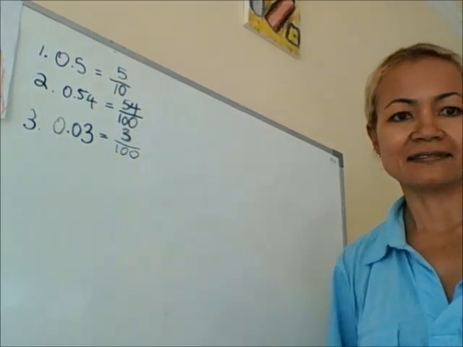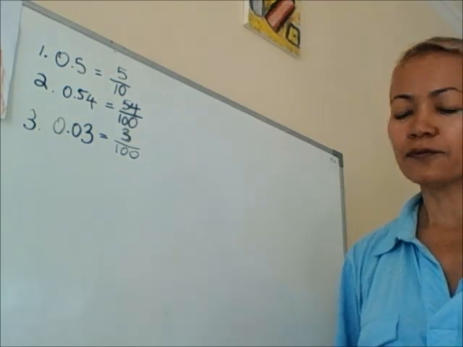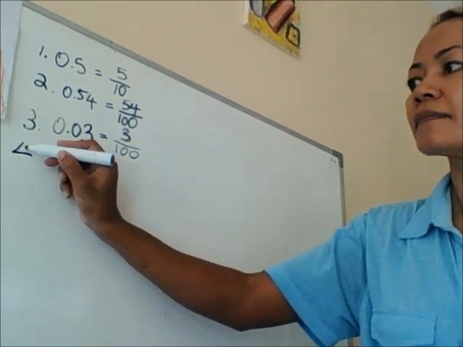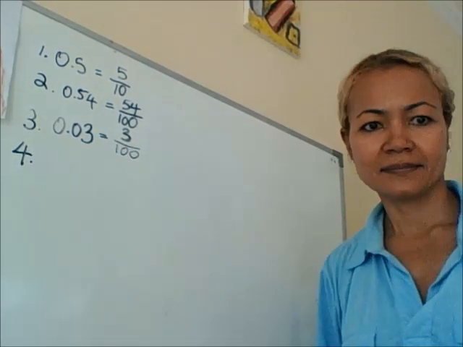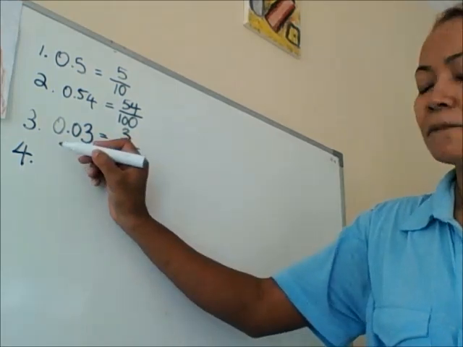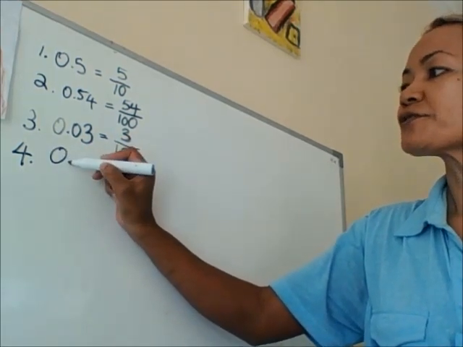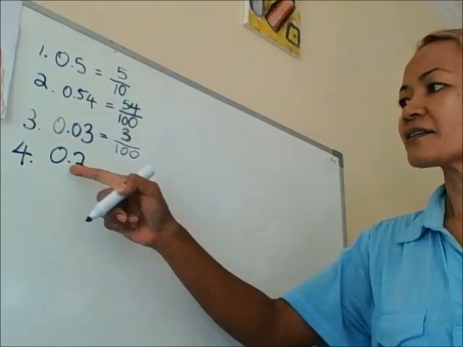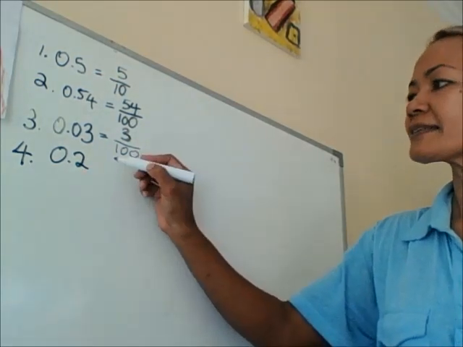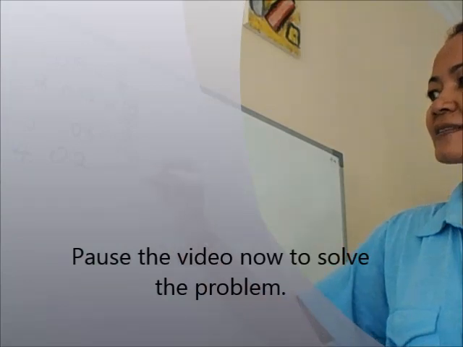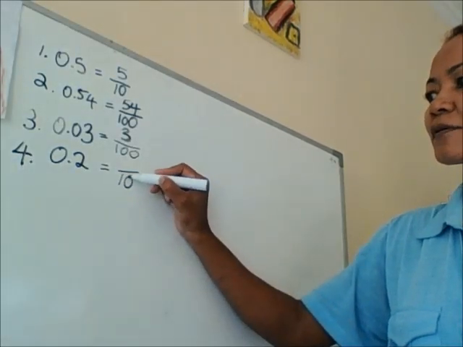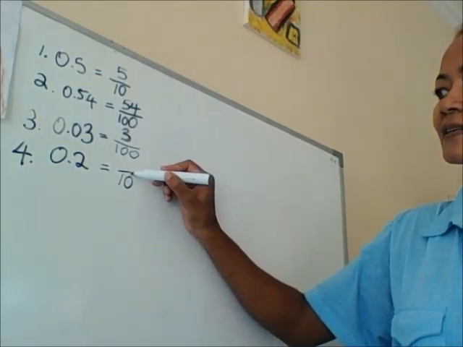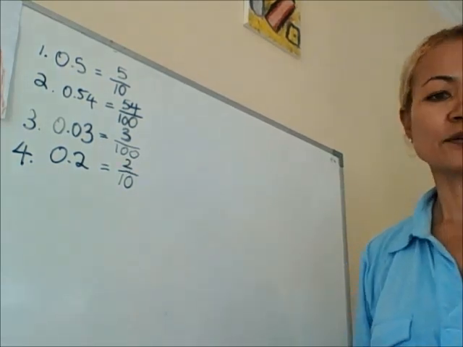Number 4. 0.2. It's very similar to the 0.5 at the top. It's only one place after the decimal place. It's 2 tenths, so 1 zero on the denominator. So it's 2 over 10.